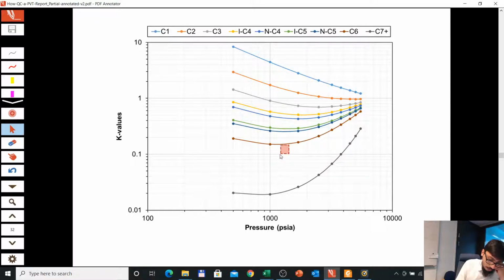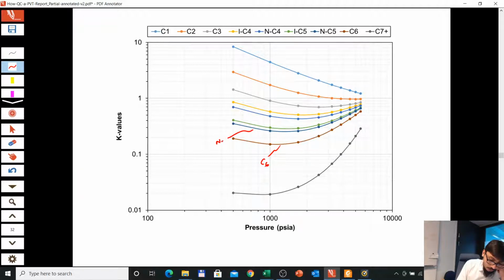So the K value of C6, this guy here, this is C6, and this is, for example, IC5 or NC5.